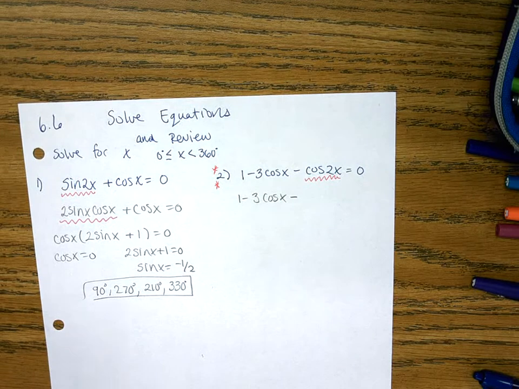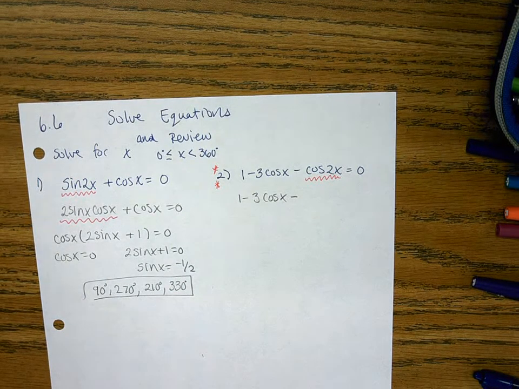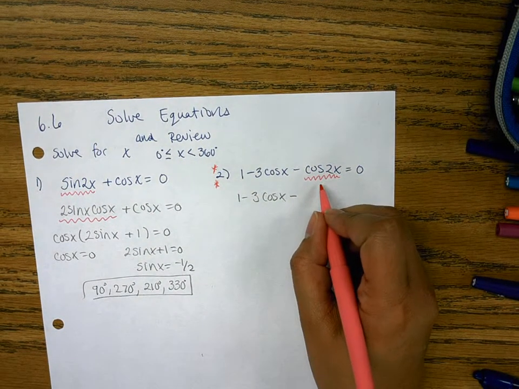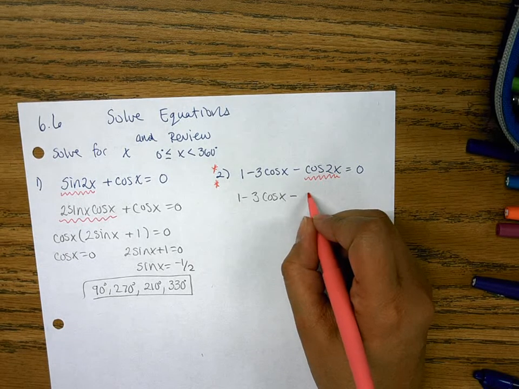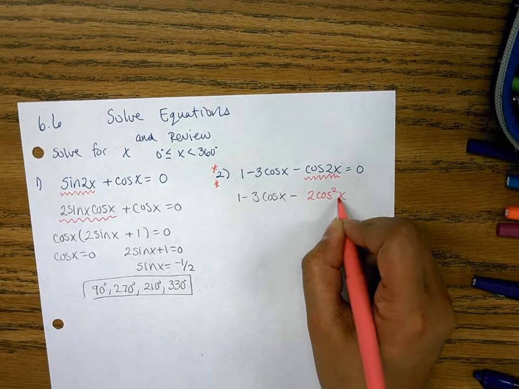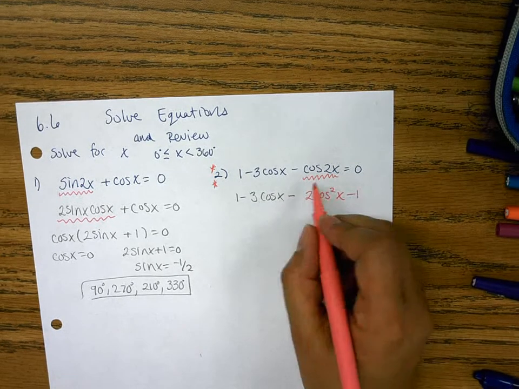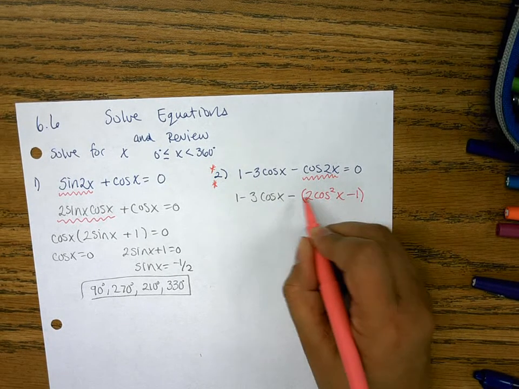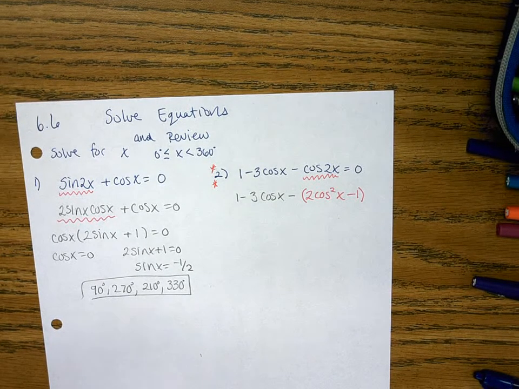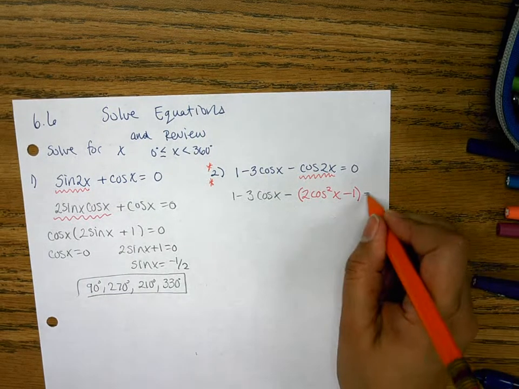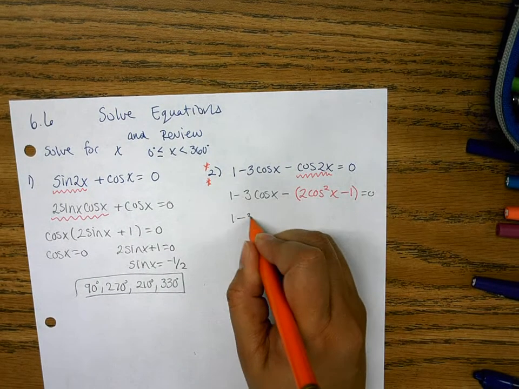So 1 minus 3 cosine x is going to stay, minus, and then I have here cosine 2x. I said I was going to use 2 cosine squared x minus 1. Recognizing though that because that's a minus, I do have to put parentheses here to distribute that negative.